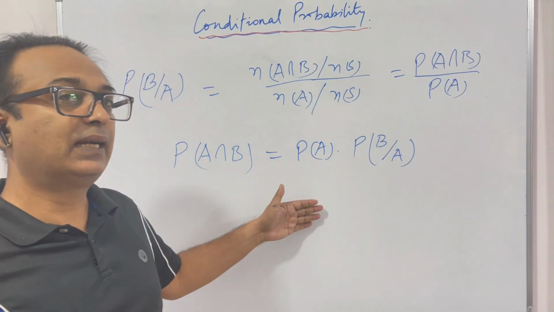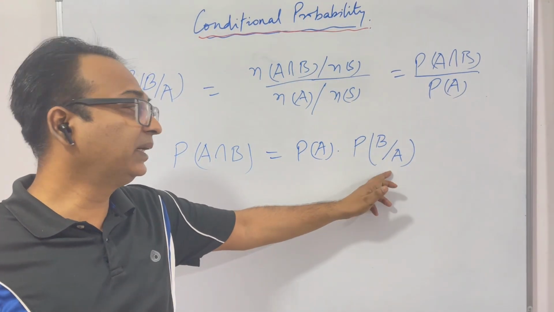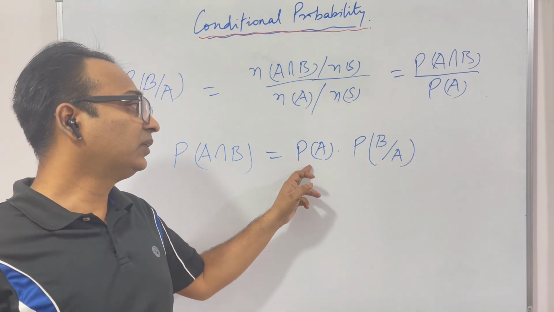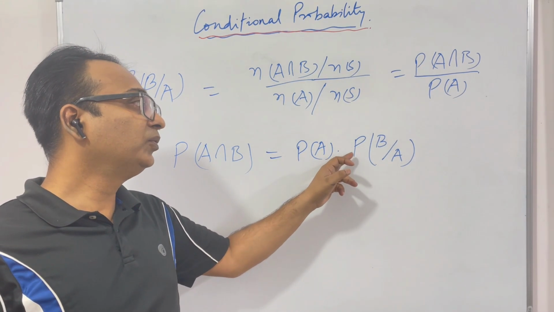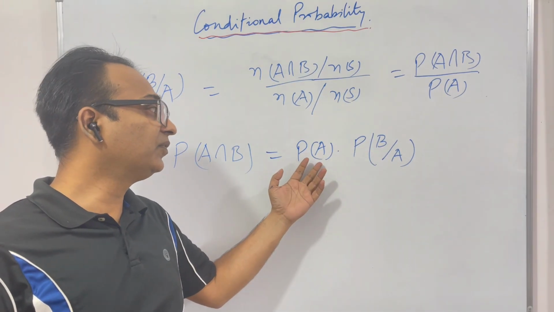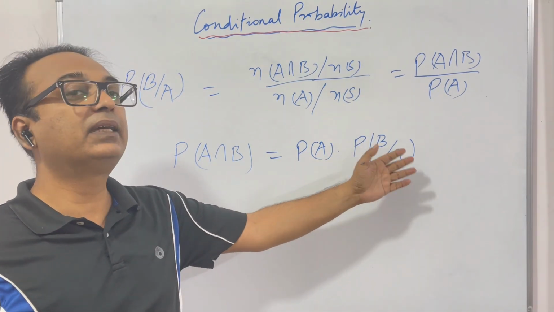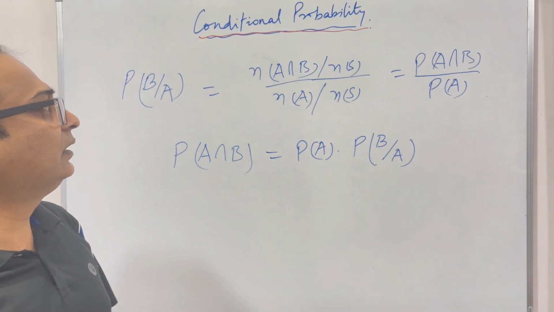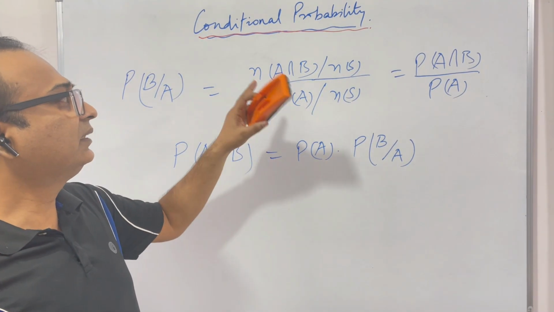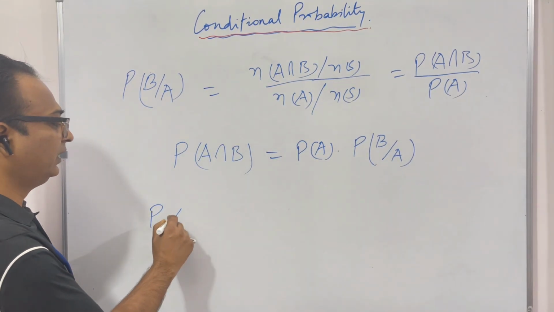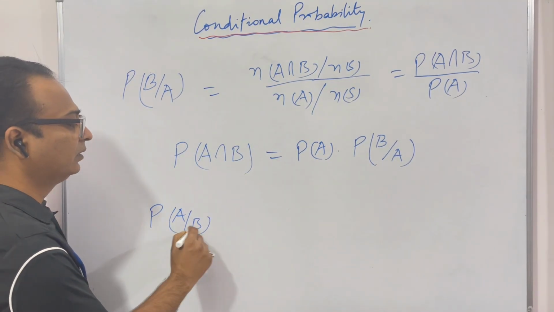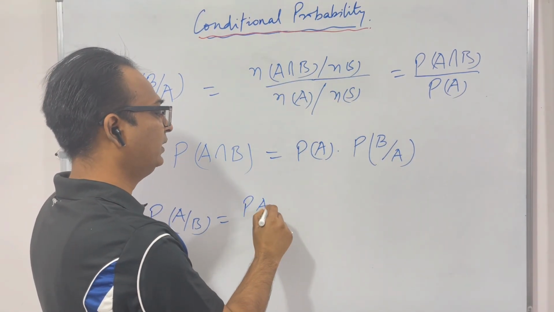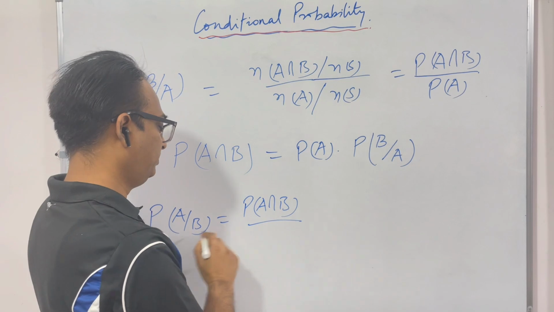So when the events are dependent, when the compound events are dependent, the probability of AB, that is A and B, is equal to P(A) into P(B/A), that is the probability of A into the probability of B when A has already occurred. We can also rewrite this equation as P(A/B). From here, it will be P(A intersection B) by P(B).